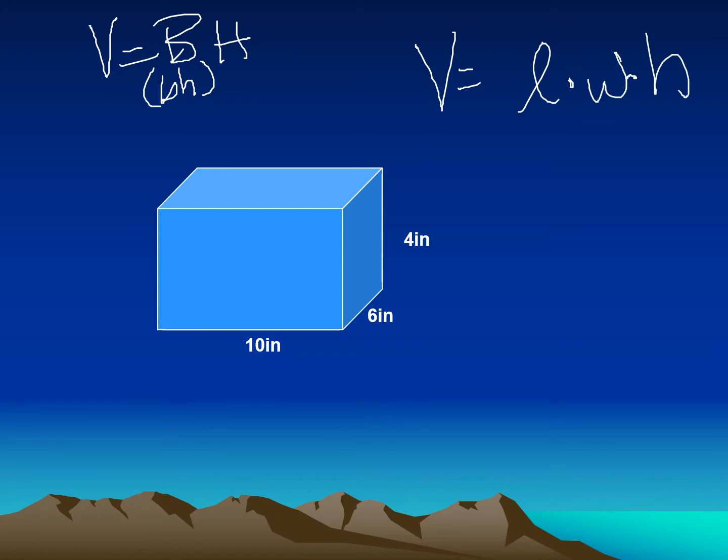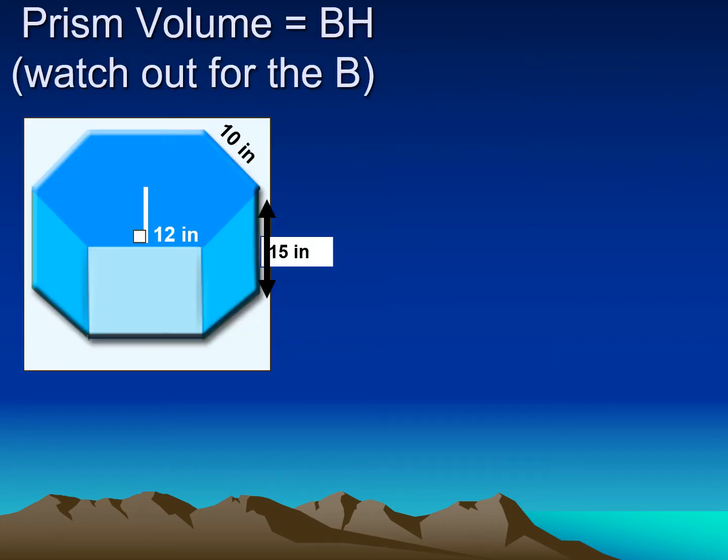There's three numbers, 1, 2, 3, 10 times 6 times 4. That only works with rectangular prisms and not triangular or hexagonal or anything like that. It has to be a rectangular prism. So much quicker, right?